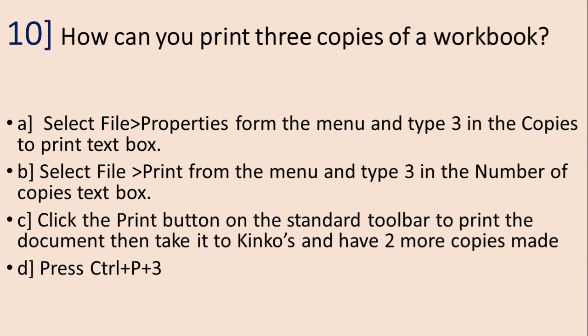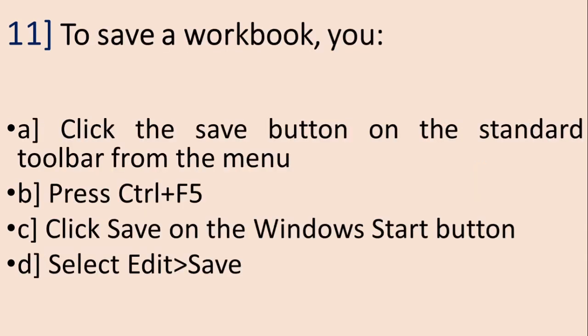Option C, click the print button on the standard toolbar to print the document, then take it to Kinko's and have 2 more copies made. And option D, press Ctrl plus P plus 3. Your correct answer is B, that is select File, then Print from the menu and type 3 in the number of copies text box.